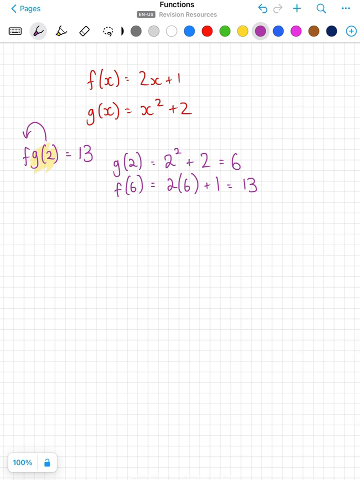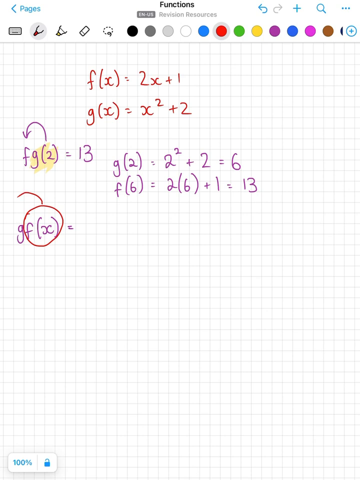Then we might see g of f(x). So it's now a composite function in terms of x. So what we're doing here is we have f(x) and we are substituting it into g's function. So instead of a number going in place of x, it's a whole function. So we get 2x plus 1 going in place of x in g's function.